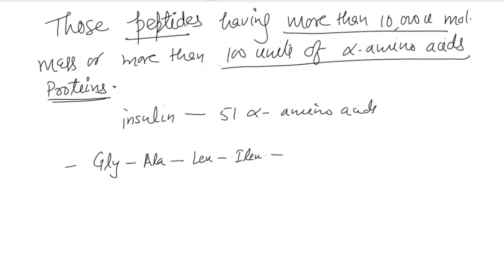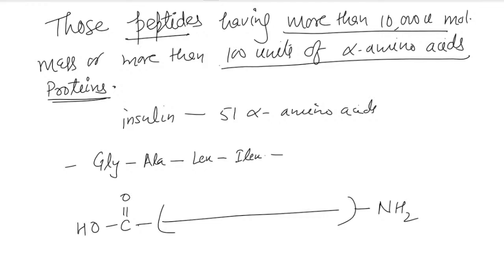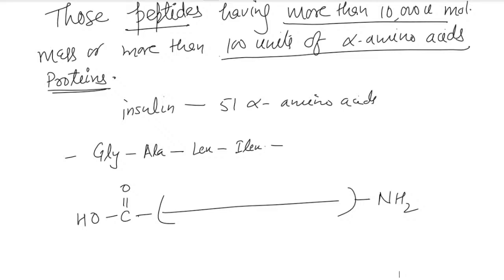Now these polypeptides are also amphoteric in nature because they have one end carboxyl, and in between whatever peptide linkages, and on the other end there is NH2 group. So this is also just like alpha amino acid. Protein polypeptides are also amphoteric in character because of the presence of terminal ammonium and carboxylate ion.